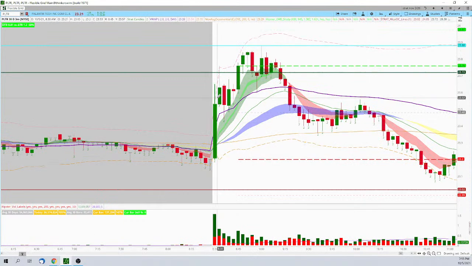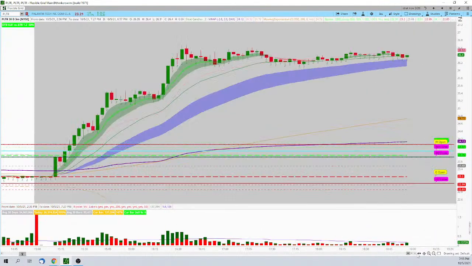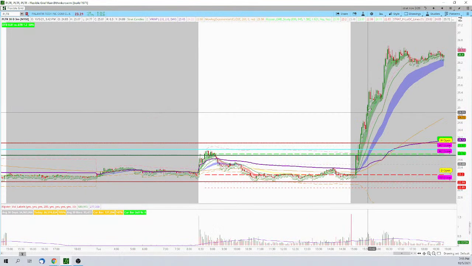If you don't have an entry above VWAP and you don't wait for the first 3-minute candle to close above the VWAP, it's probably not going to go. Palantir is considered a meme stock. I know they just got a huge contract with the government too, so that's why the stock's running here after hours.